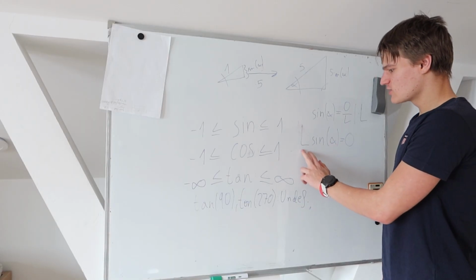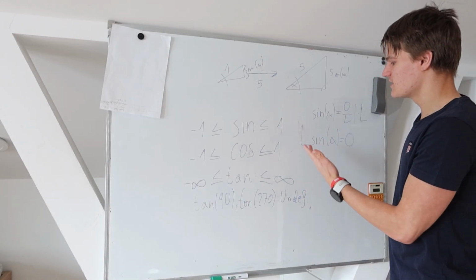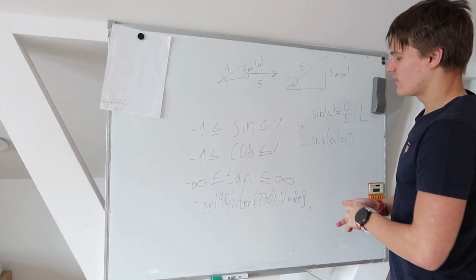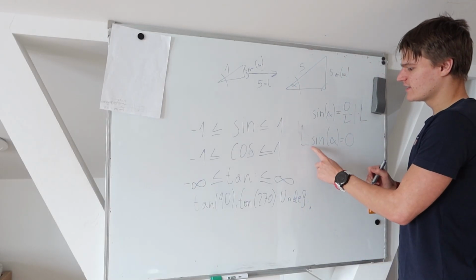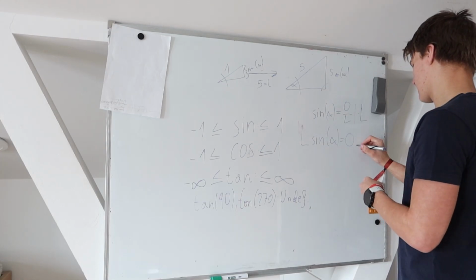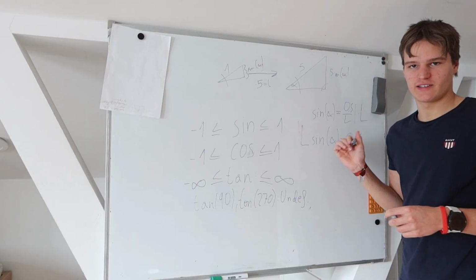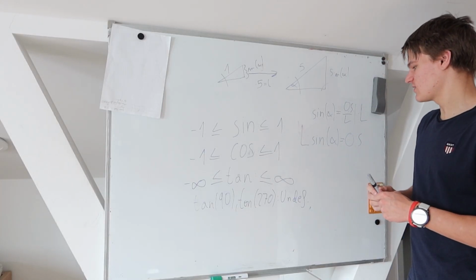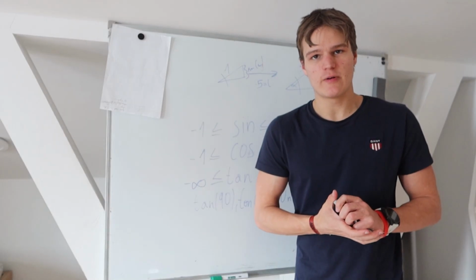You have a multiplication factor, which is L in this instance, which is just equal to 5. So 5 is equal to L, and then you have L times sine of alpha is just equal to the opposite side. Great. So I hope you guys understand this now a little bit better.